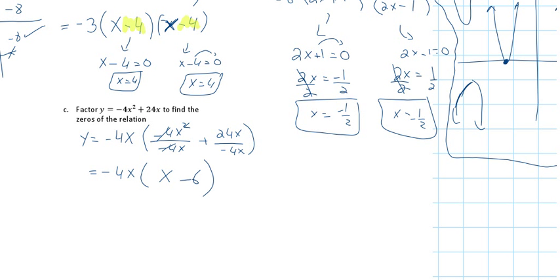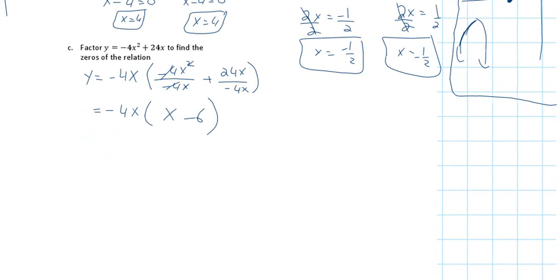Now, how can I find my zeros for this? Okay, so I only have 1 zero?